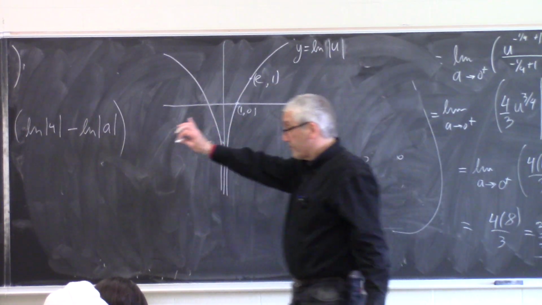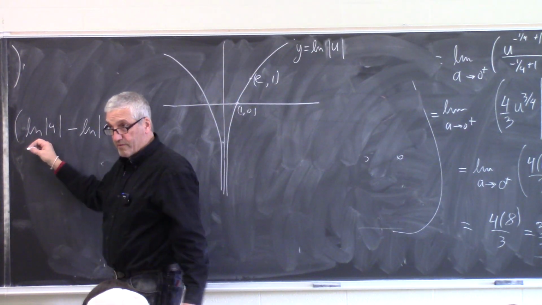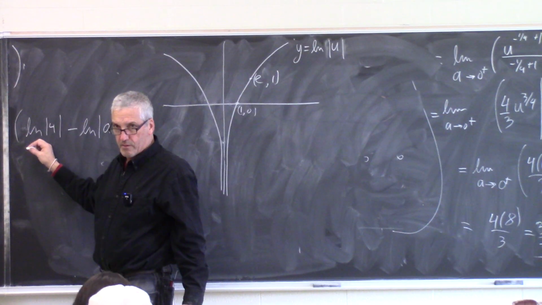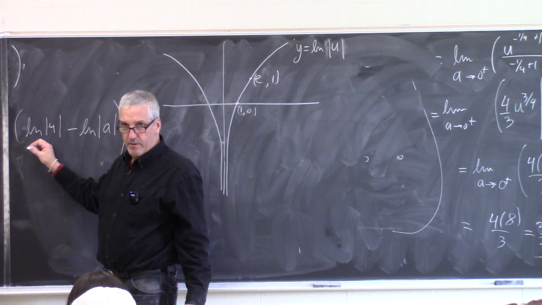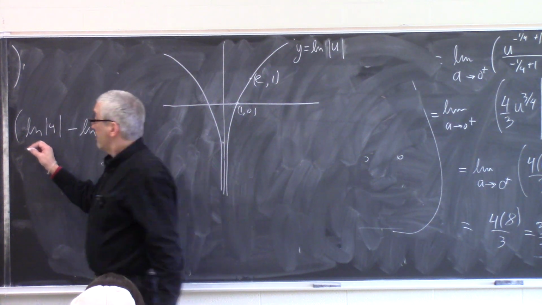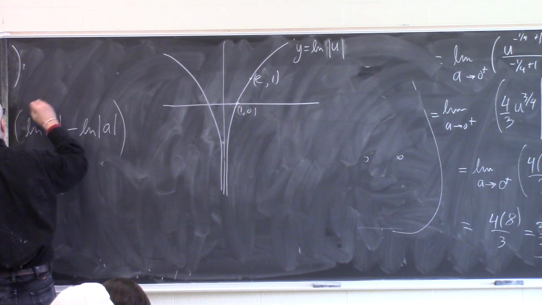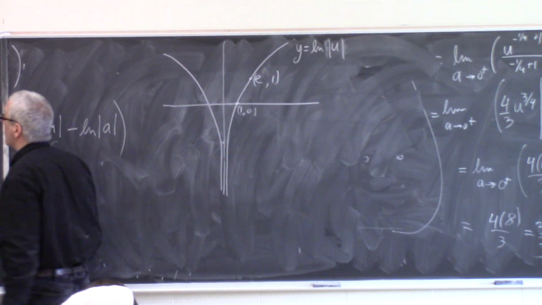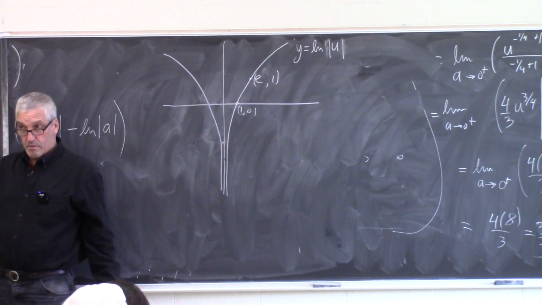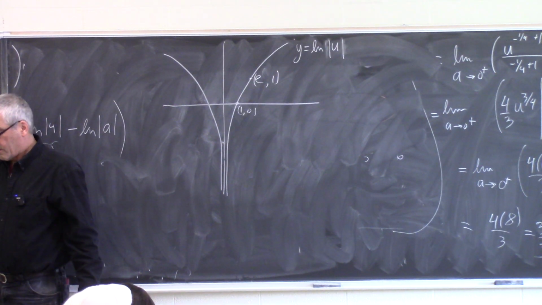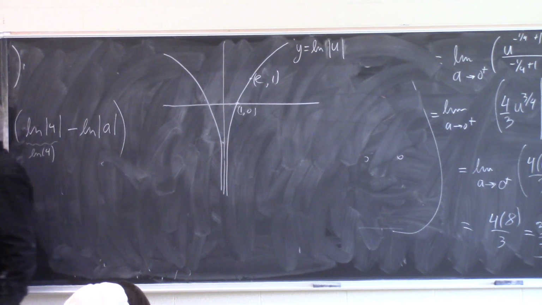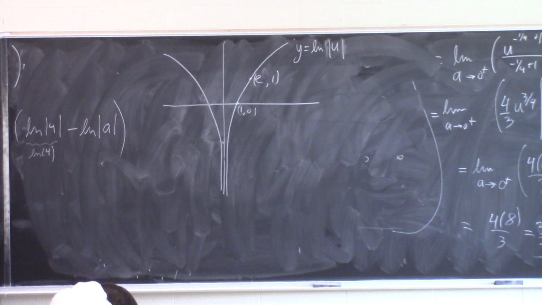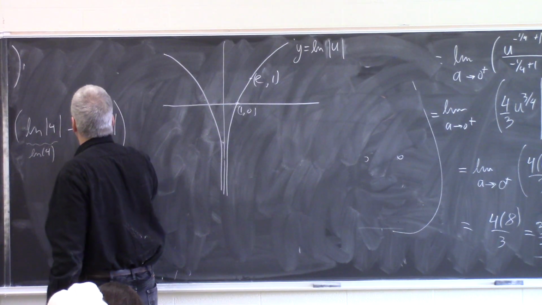So I want to make sense of this expression. First of all, what's the ln of absolute value of 4? Can anybody simplify that? Yeah, this is ln of 4. What's this? Ln of 2. Sorry, say again? Ln of 2. That's just a number. All right, now we need to make sense of this.